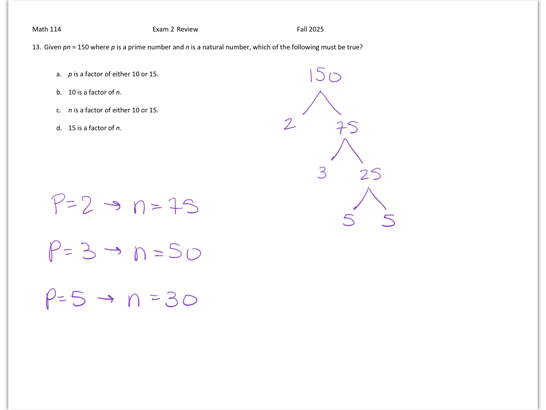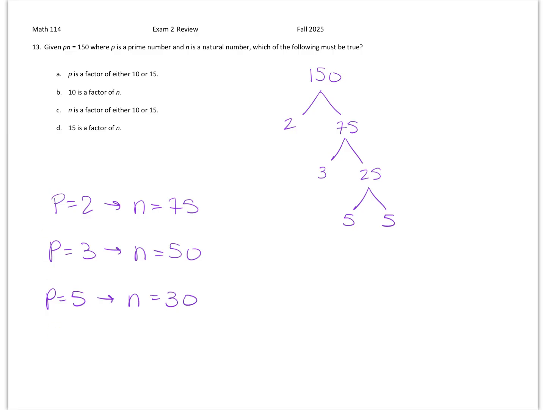Okay. So these are my three possibilities for p and n. We could have 2 and 75, 3 and 50, or 5 and 30. Those are the only ways you can multiply a prime number times another number to make 150. Okay. And I know that those are the only possibilities because 2, 3, and 5 are the only prime numbers that could divide 150. All right, let's see if these items have to be true in all of these cases.